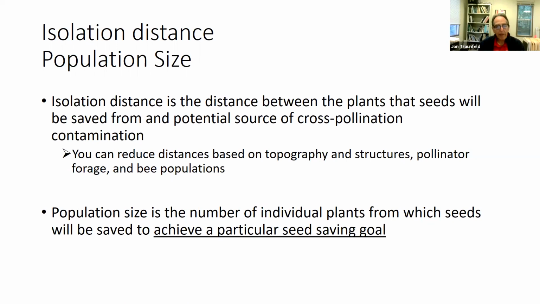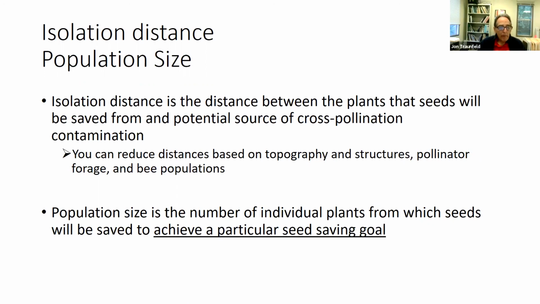And that's really affected by lots of things, including topography, structures between my garden and other gardens, and the amount of bee forage in the area. So if all bees have to look forward to is what's in my garden and my neighbor's garden, there's a lot more likelihood of cross-pollination. So there are a lot of factors that go into determining how close is too close.